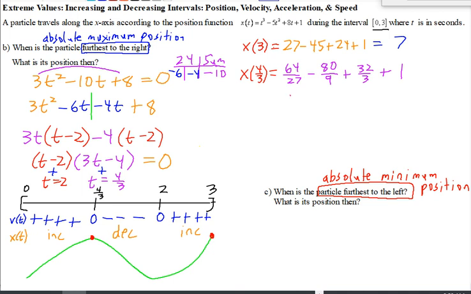So we'll leave this as 64 over 27. Minus, we multiply by 3, that's 240 over 27. Plus, here you have to multiply by 9. So 9 times 30 is 270, 9 times 2 is 18, 270 and 18 gives you 288.